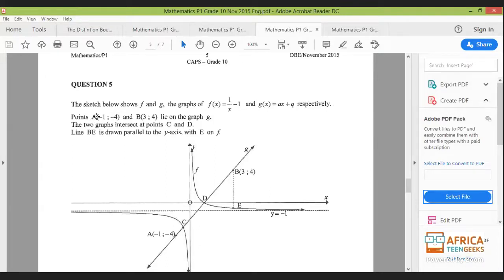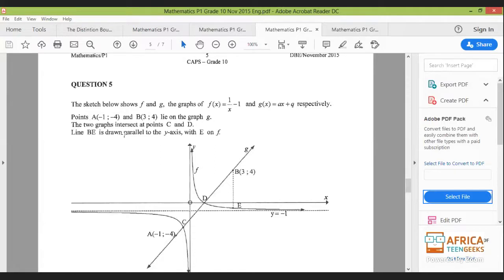So point A (-1, -4) and point B (3, 4) lie on g. They're telling us that this is point A and that's point B. They lie on the g(x) graph. The two graphs intersect at the points C and D. So C and D is where the graphs intersect.